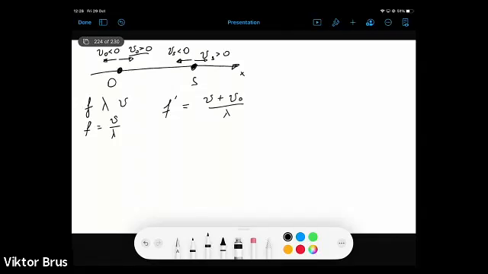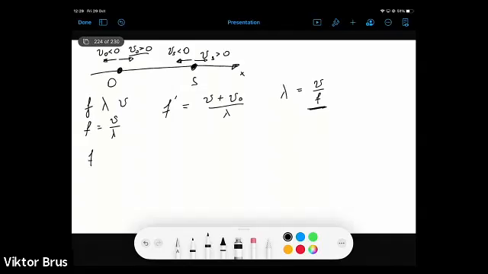Since we have a relationship for lambda, which is equal to V divided by frequency, we can substitute this lambda with its expression.